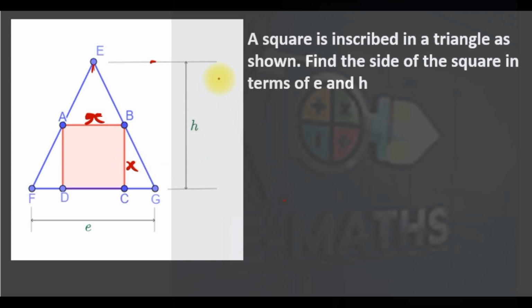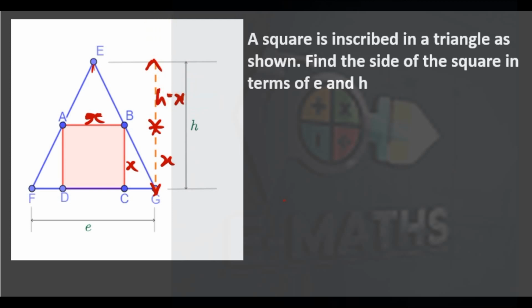So we have two similar triangles. If we join the heights, we see that from here to here is x, because it's a square, while here is h minus x.